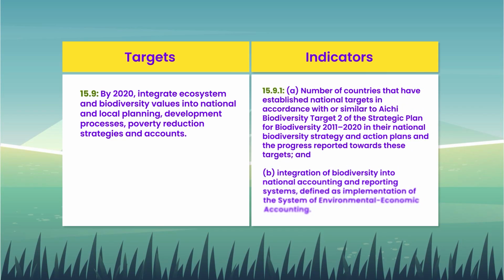To look into this progress, the indicators identified by UN SDG is the number of countries that have established national targets in accordance with or similar to the Aichi biodiversity targets, or integrating biodiversity into national accounting or reporting systems, which can be defined as implementation of biodiversity accounting into environmental economy accounting, right.